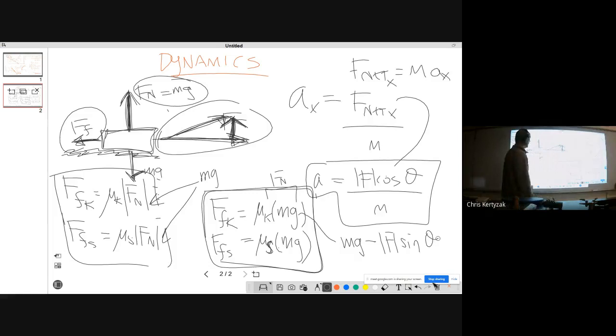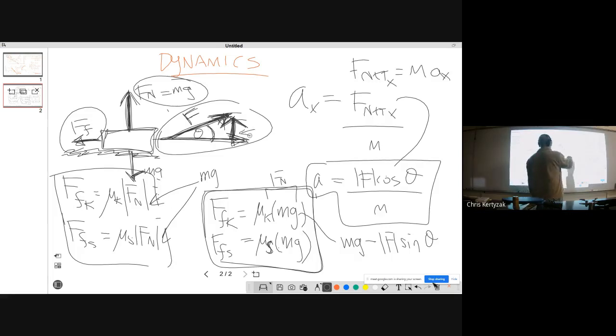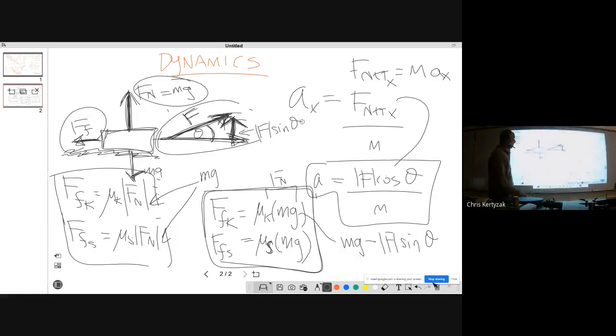Because if this were now the force at an angle theta, then this lifting force, this component, is f sine theta.